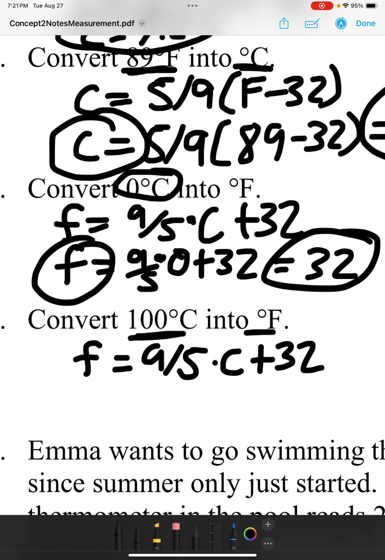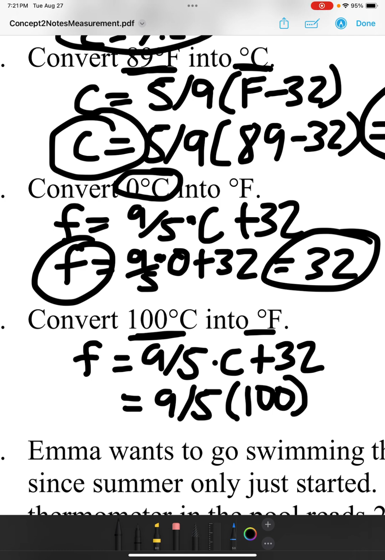Okay, so now we just have to take the 100 degrees Celsius and plug that in for C. And I'm going to put it in parentheses to remind myself that I need to multiply that. If you need to put a little dot to remind yourself to multiply, do that. But you have to make sure you do the 9/5 times the C. So make sure that you multiply the 9/5 times the 100 when you do it.